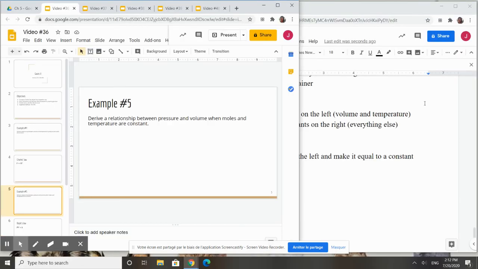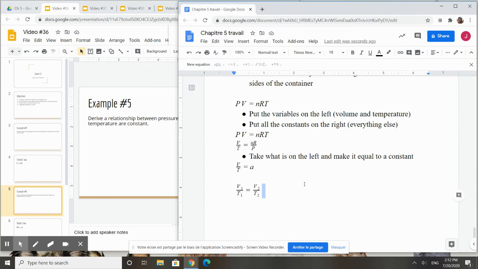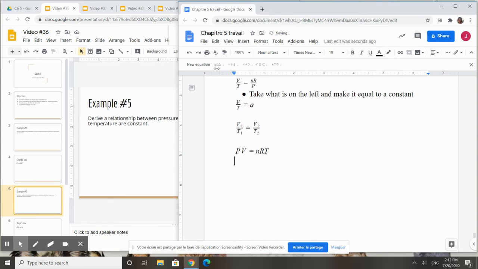I'm going to work through this one a little bit faster. It's the same sort of process as the prior example. We already have it set up such that the constants are on the right and the variables are on the left. So you could just make it PV equals K, or call it literally anything else.